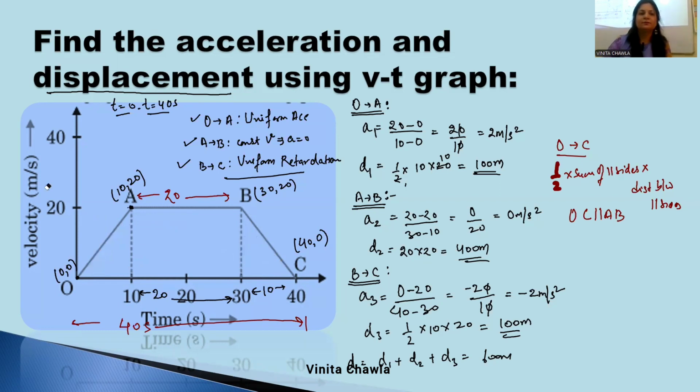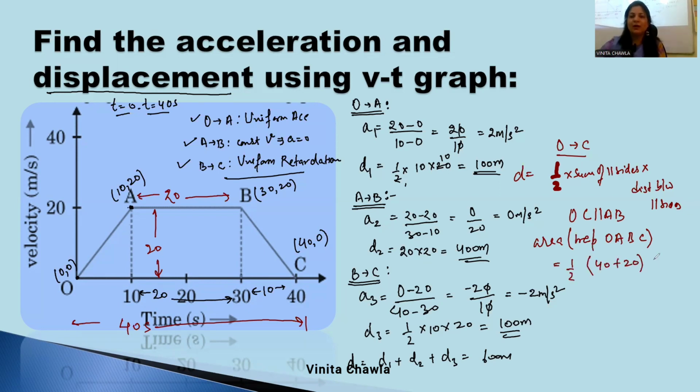So the area of trapezium OABC is the displacement, right? So it's half into the sum of parallel sides, 40 plus 20, multiplied by the distance between the parallel sides, 20. So 40 plus 20 is 60, 60 into 10, 600.